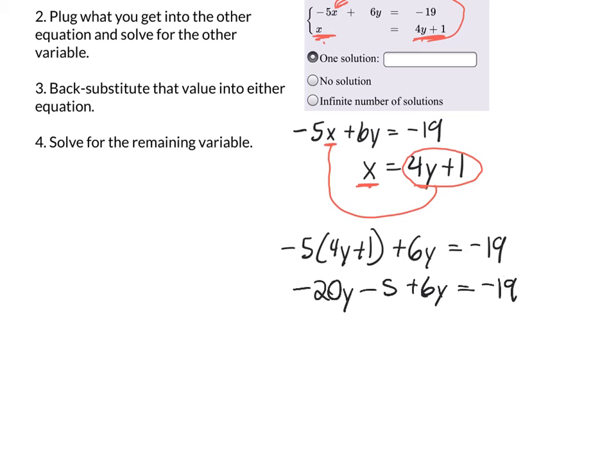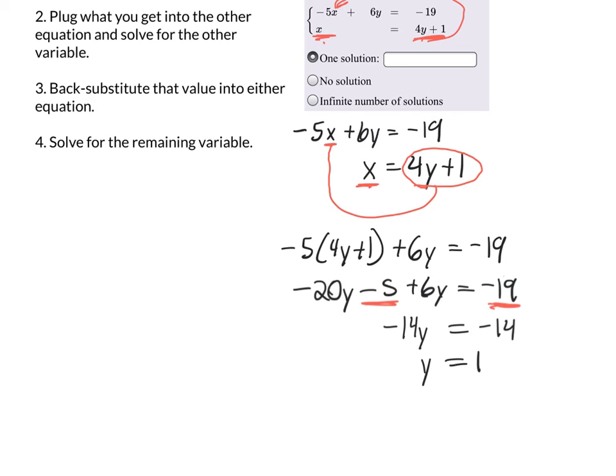Combine like terms and move constants to one side so that you can start isolating y. I've got two y terms here. Negative 20y plus 6y is going to give me negative 14y. Then we can go ahead and add 5 to both sides to move it over there with the negative 19. So if I do negative 19 plus 5, that gives me a negative 14 there. So y is equal to positive 1.